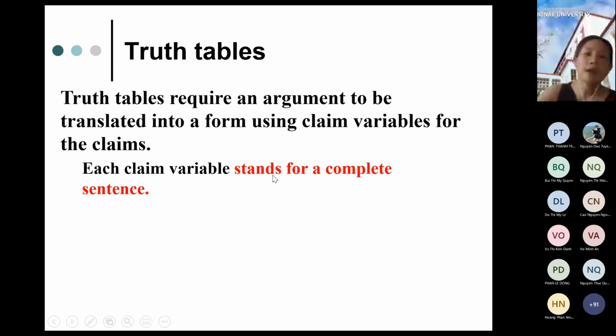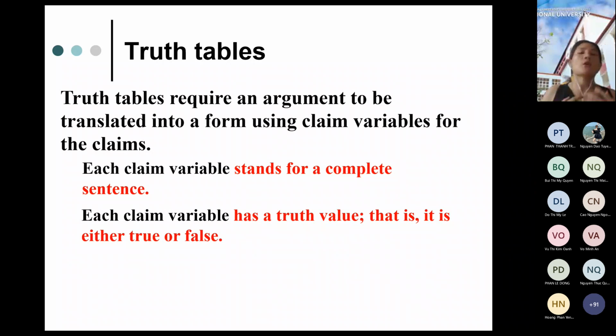If in the Venn diagram a variable is a noun for a subject or predicate, then for the truth table, the variable is a complete sentence or complete statement. It's not only just a noun, not only the subject, but also the whole statement or sentence. Remember that.